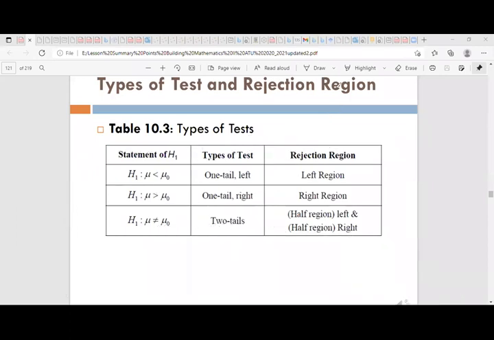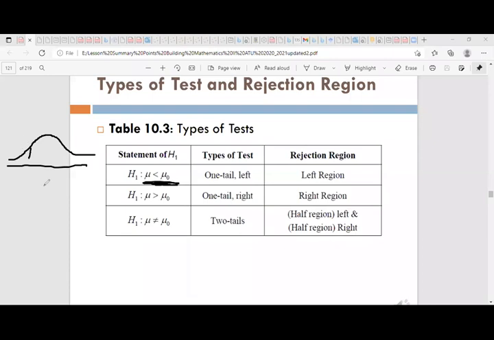Then again, depending on the statements of the alternate hypothesis, we can have what we call a one-tailed test and a two-tailed test. For a one-tailed test, we can have two types. If the statement says we are looking for mean less than a certain mu value, then the rejection will be on the left, because less than means we are reading from the left to some point on the left.